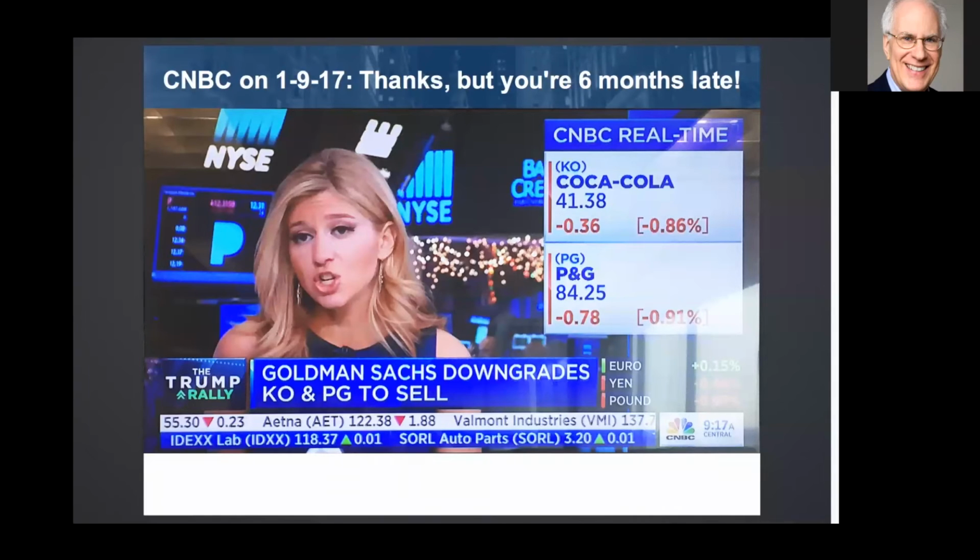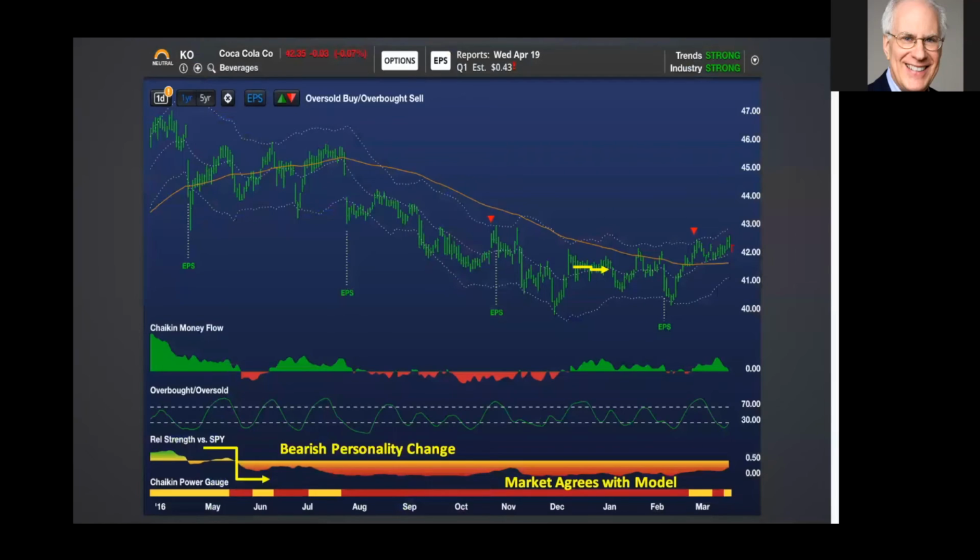But they were 6 months late because the power gauge rating had turned bearish in May, actually 8 months late. Here's where Goldman Sachs turned bearish. Great, probably the best research department on Wall Street. Here's where the power gauge turned bearish and the stock started underperforming the market. So you can be smarter than the Wall Street pros if you embrace a discipline like this Chaikin methodology.